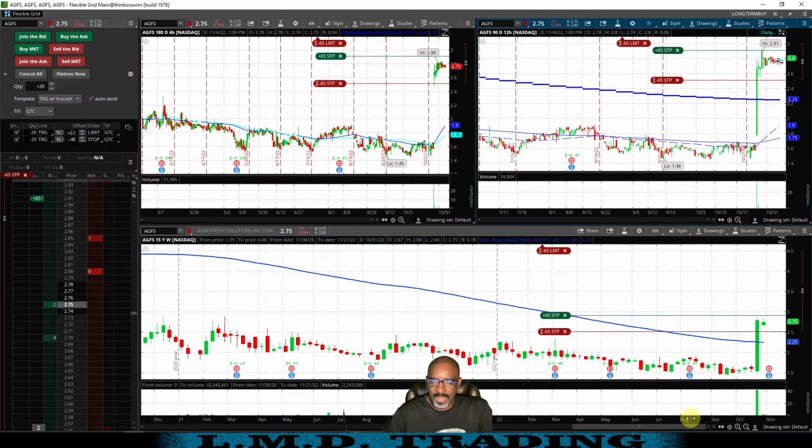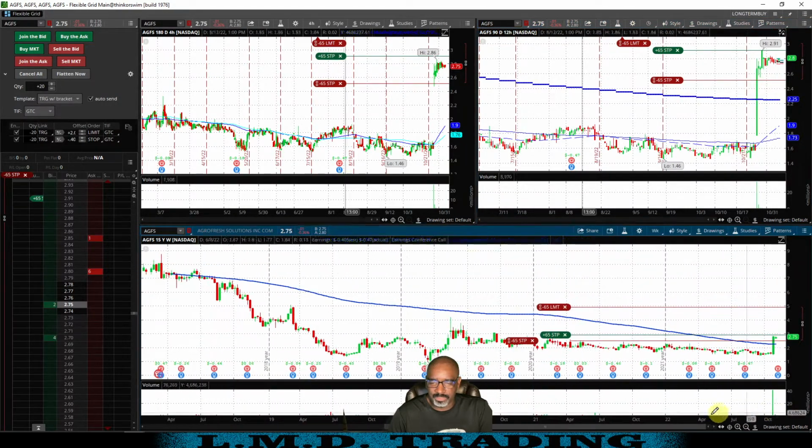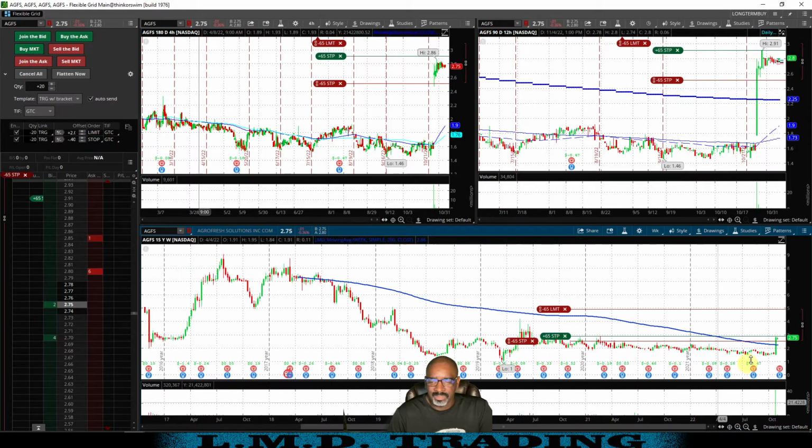And that's the reason why I have that order in the system. This target is like 5R. Risking 40 cents, targeting $2. That's 5R. This can be adjusted. I usually try to get about 3R out of my swing trades though. So that's the first one that I have an order in the system for.